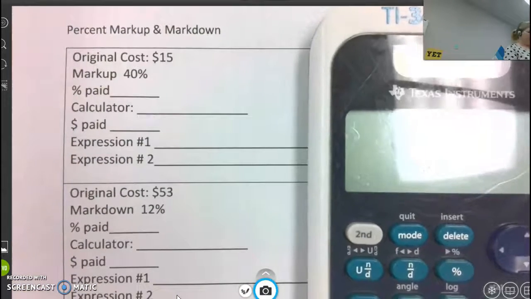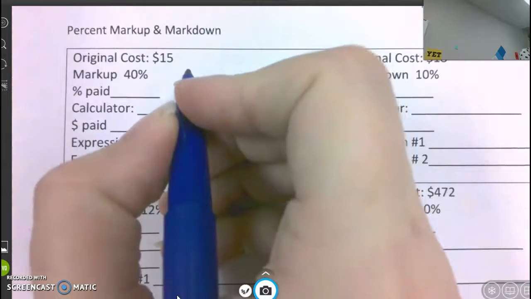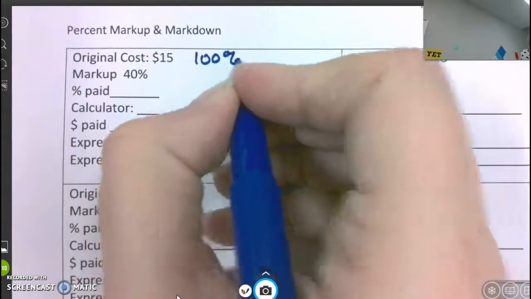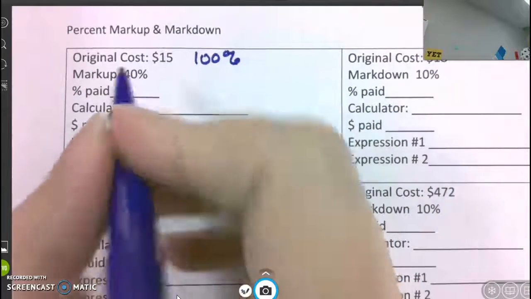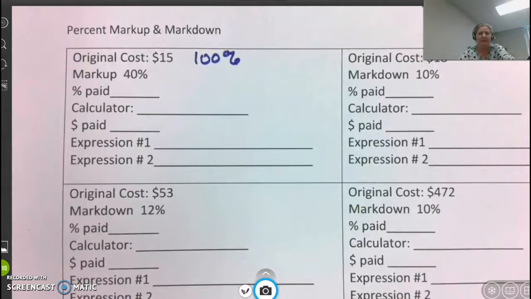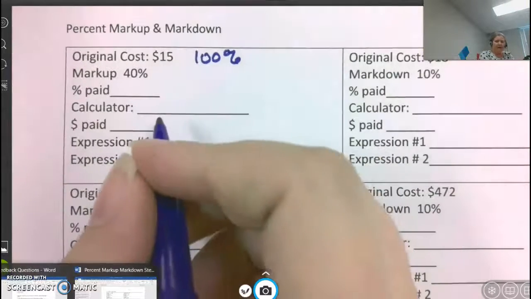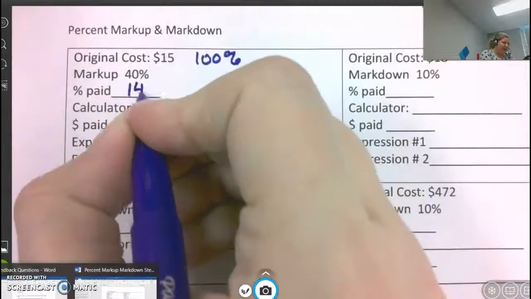So let's start by finding out what percent would be paid. The original cost is 100%. So if you mark it up, that's an additional amount that's to be added, meaning that you will actually be paying 140%.